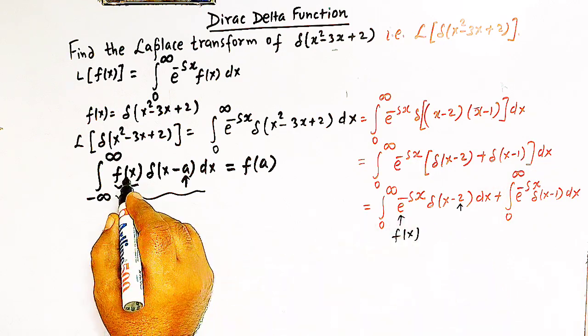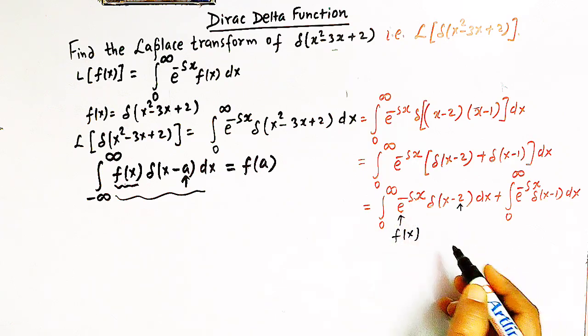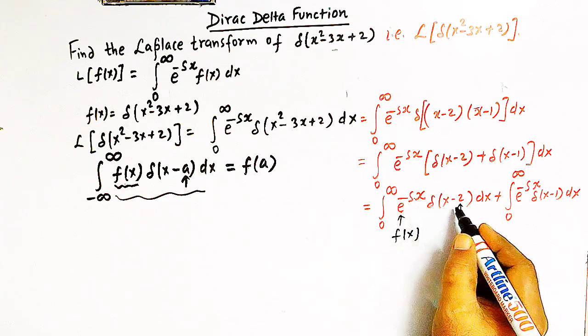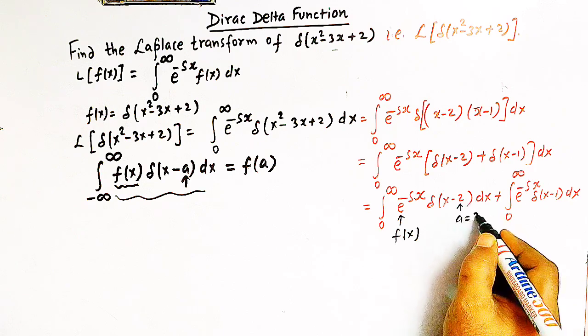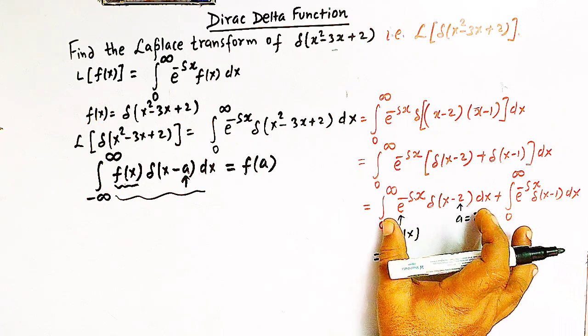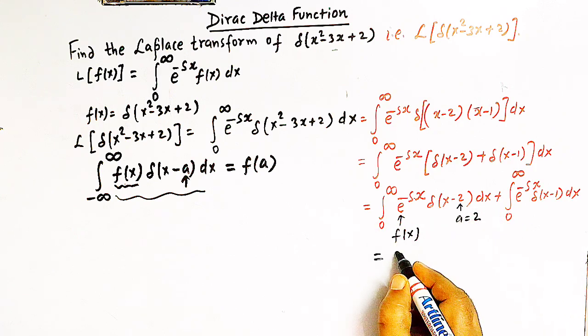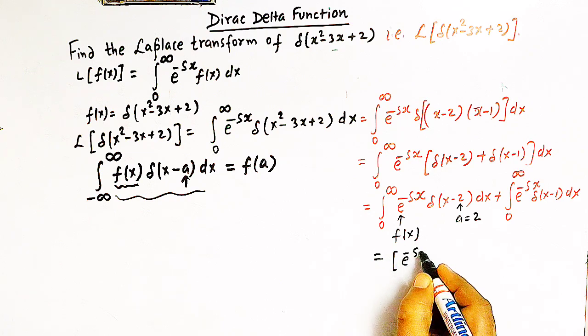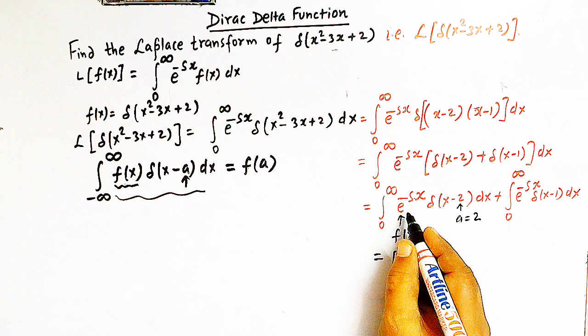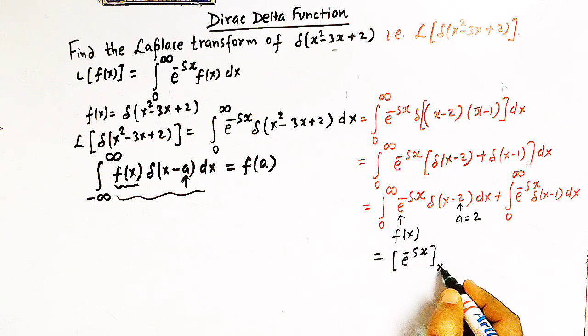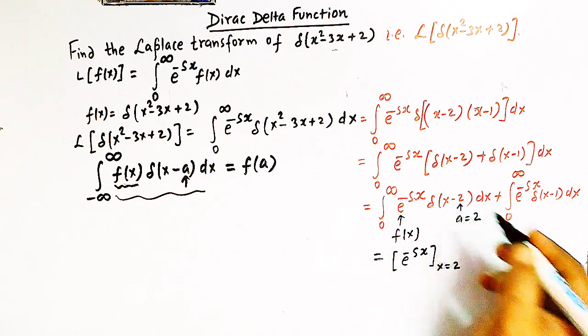So here f of x is e raised to minus sx, and the value of a is given by 2, right? So the value of this integral is given by e raised to minus x times s, and this is to be evaluated at this point, that is x is equal to 2.